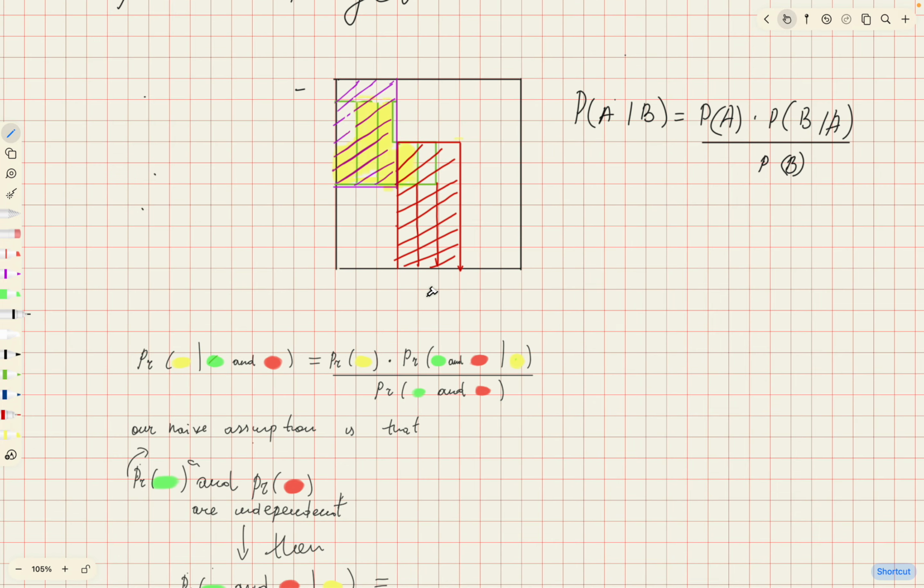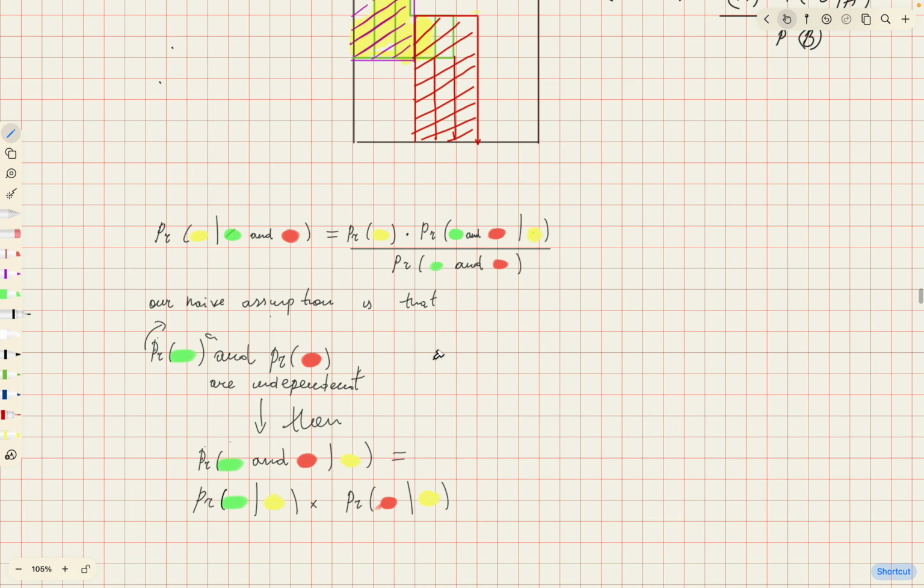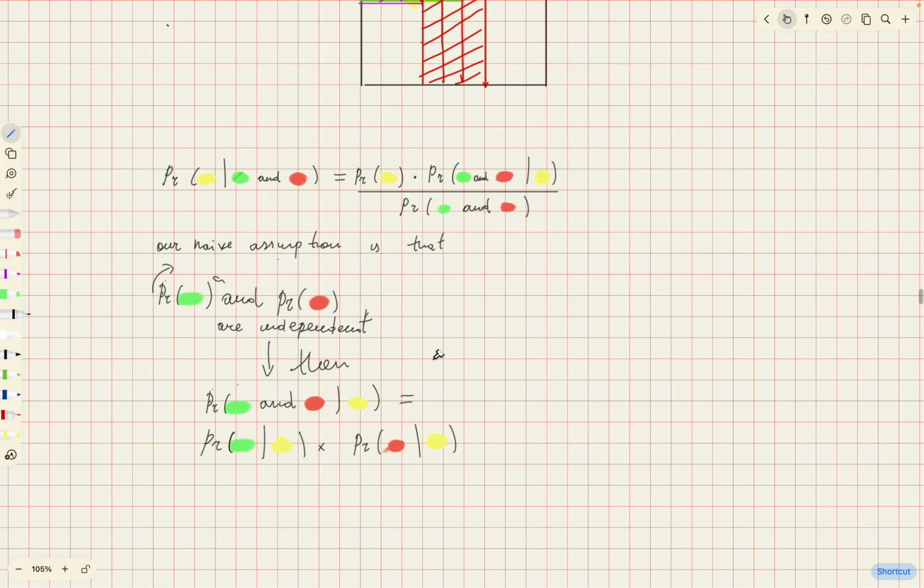But what we do here is make a very big assumption. This assumption helps us simplify the formula, and it makes it mathematically very simple and calculable.